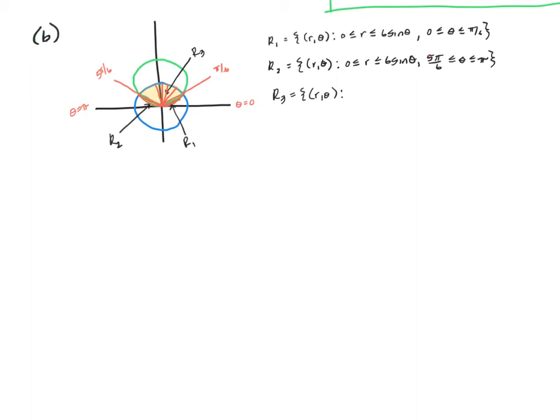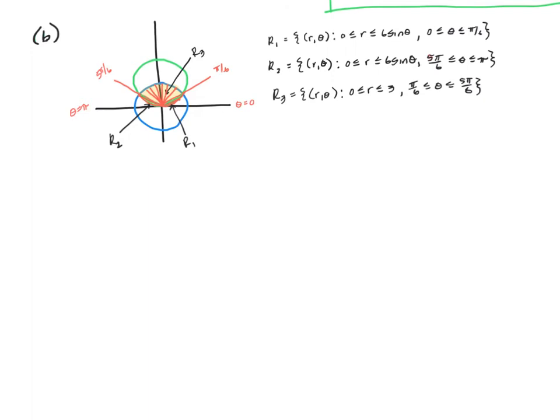Doesn't matter where I go. From theta pi over 6 to theta 5 pi over 6, the r value that corresponds to that region would be 0 to 3, and those would be our theta values from pi over 6 to 5 pi over 6. So you see how tricky this can be.